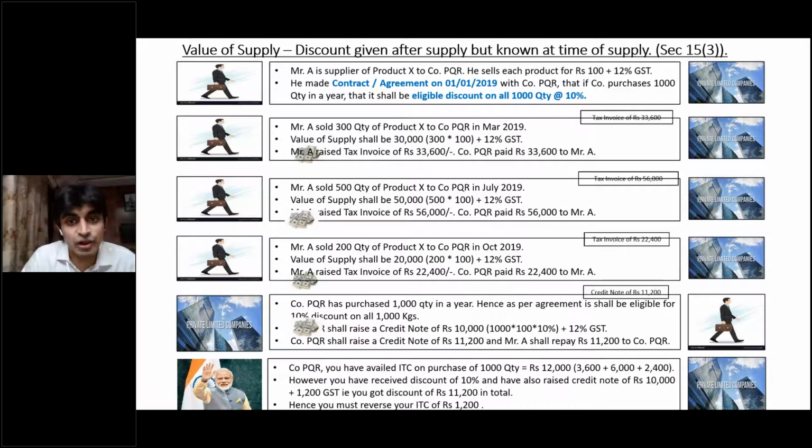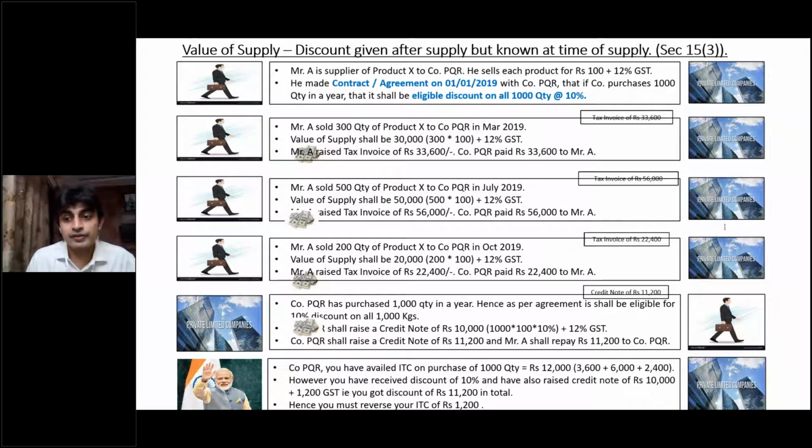So वो financial year क्या हो गया, 1920. So for that, you can raise a credit note till September 2020. Third invoice is what? October 19. So financial year कौन सा हो गया, 1920. So again, you can raise a credit note till September 2020. But जो March 19 का है ना, you can raise credit note only till September 2019.